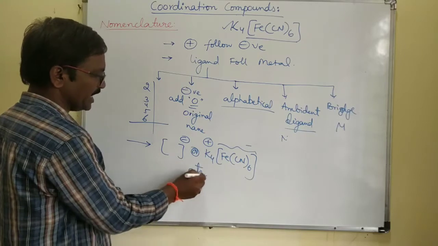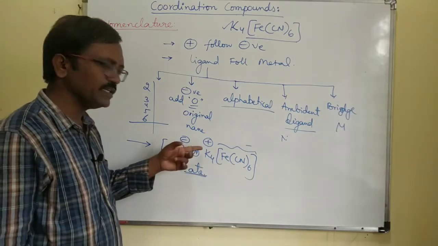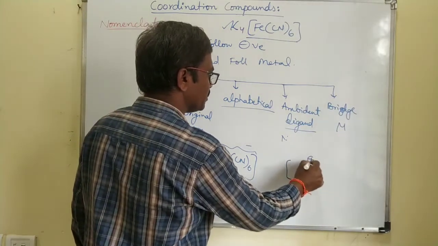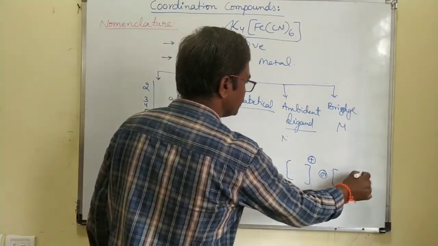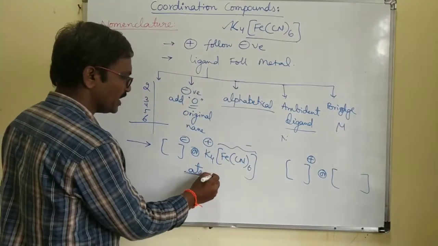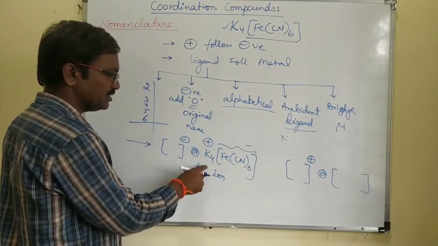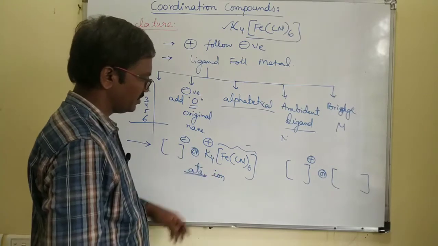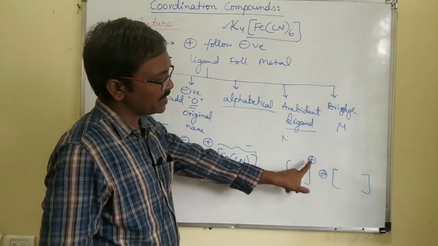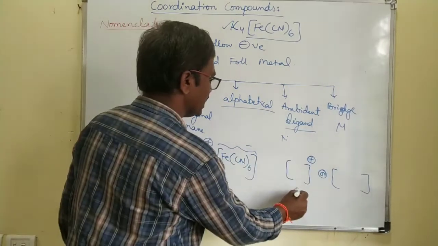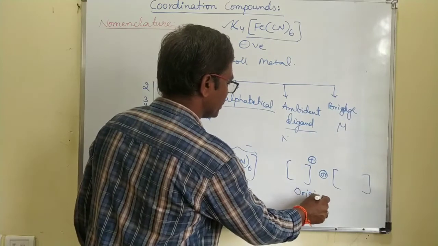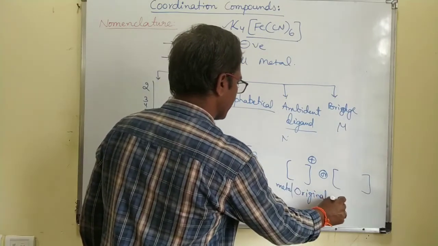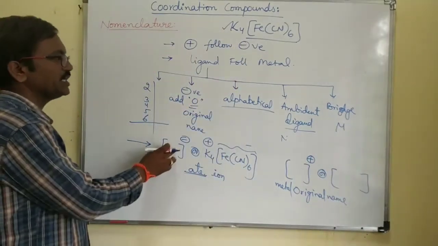If the complex is positive or neutral, you write the original name of the metal. For example, ferrate followed by the oxidation number. So this is related to the metal atom.